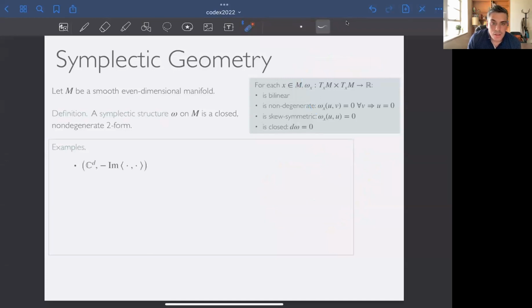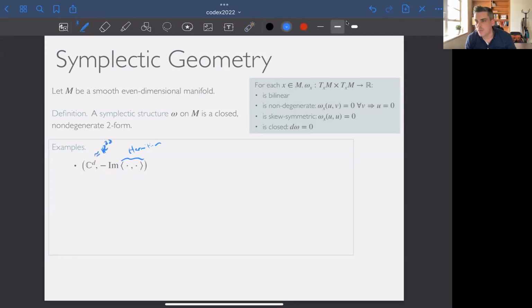Okay, so let's look at some examples. One example is I take d-dimensional complex space, I take the standard Hermitian inner product, and then I take negative the imaginary part. If I took the real part of that, that's a very familiar thing, just a standard inner product on R^2d.